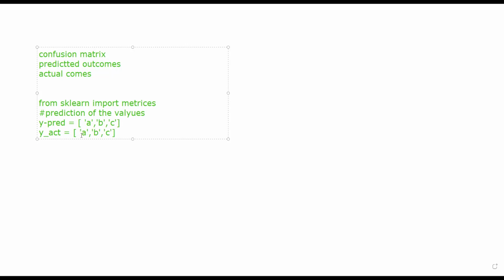Now, metrics.confusion_matrix, this format we have seen. So what is that format doing? It takes in the list of actual labels, the list of predicted labels, and an optional argument to specify the order of the labels.